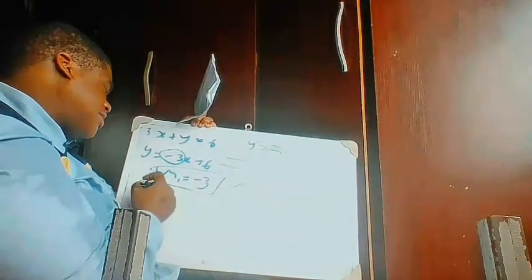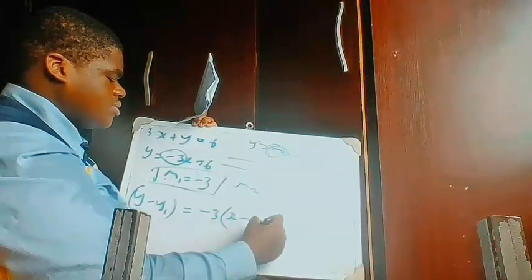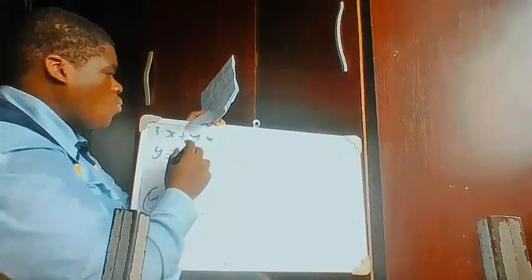Let's put all that inside our formula. You have y minus y1 is equal to minus 3 bracket open x minus x1. y1 is equal to 4 and x1 is equal to 1.